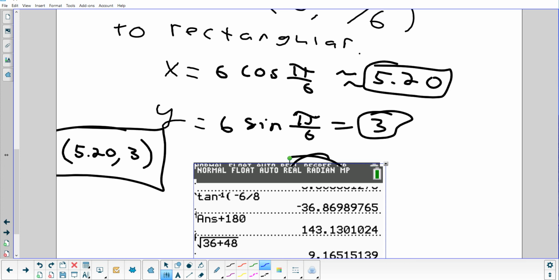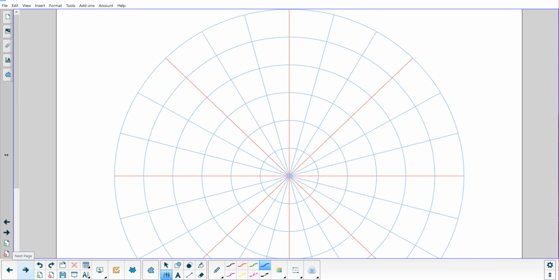Now, what did I say pi over 6 was in degrees? 30. So 6 comma 30. Let's see. 1, 2, 3, 4, 5, 6. 30. Is there anyone that disagrees that that's where the point would be? Six units right, and then 30 degrees counterclockwise.